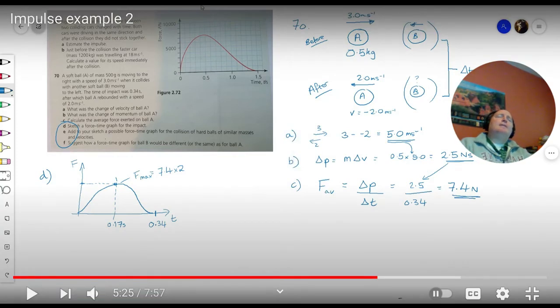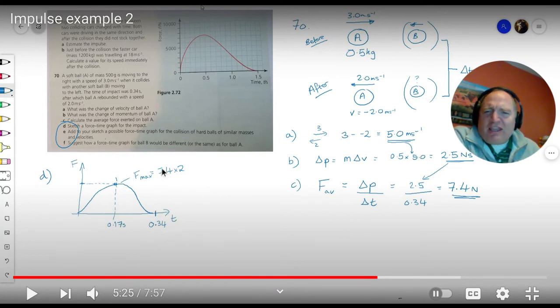I'm trying to think here. Does it have to be double? What we know for sure is that if we drew a horizontal line at 7.4, right, that's the area we need. And if you imagine extending this box, would this have to be double? Certainly, if it had been the very low, skinny, tall thing, it could have been super high.